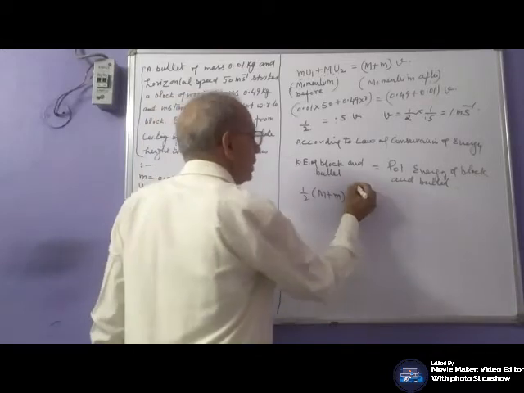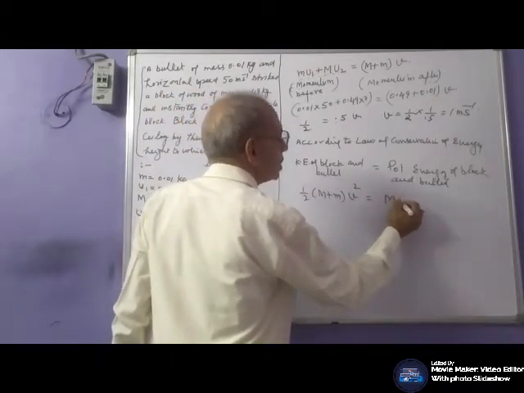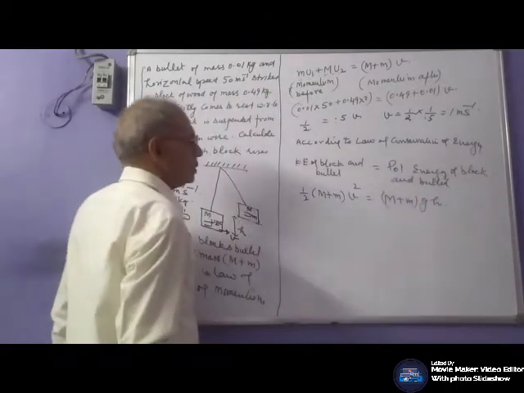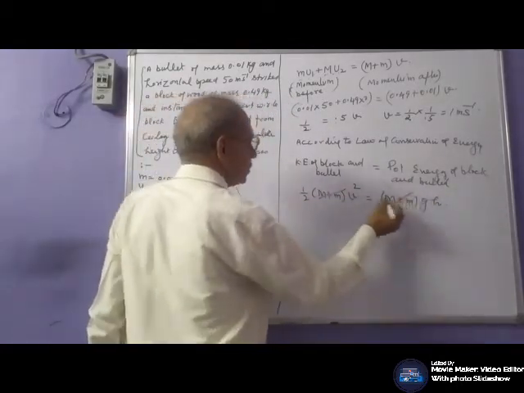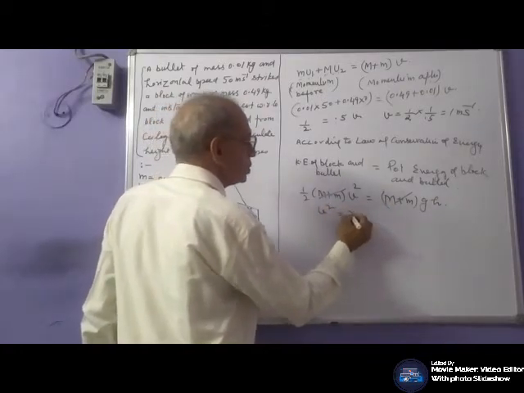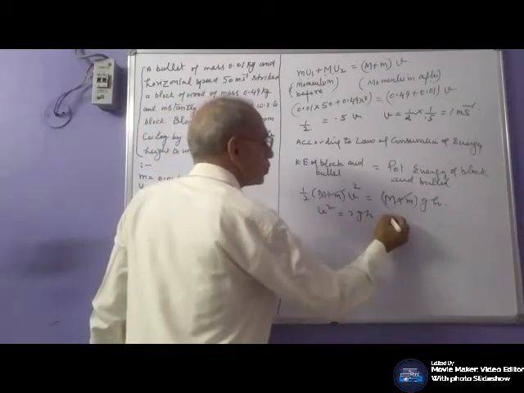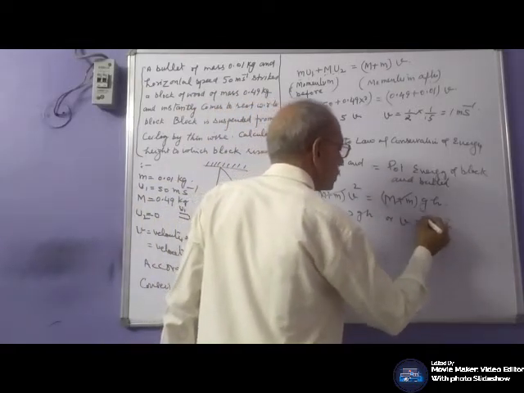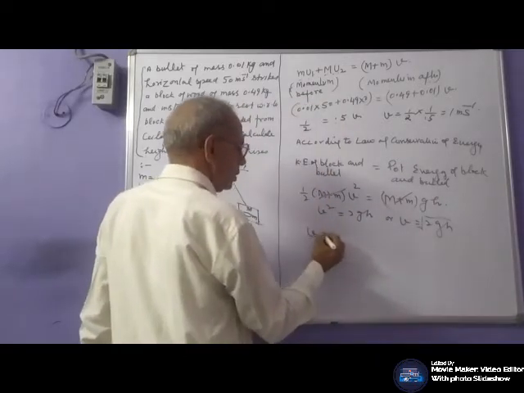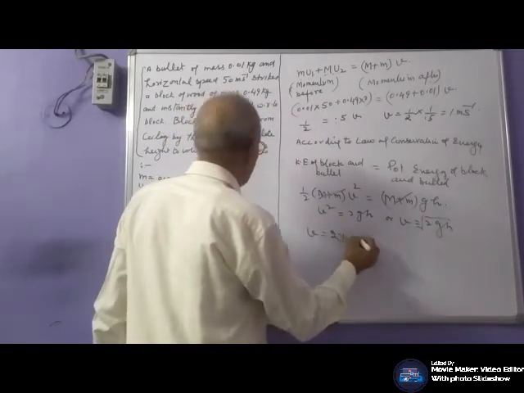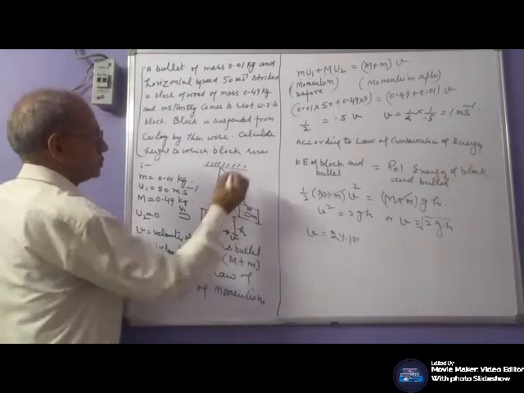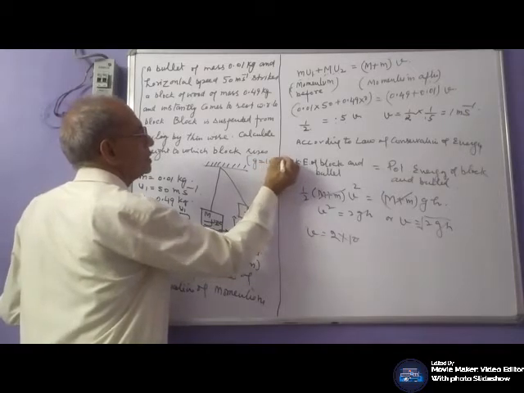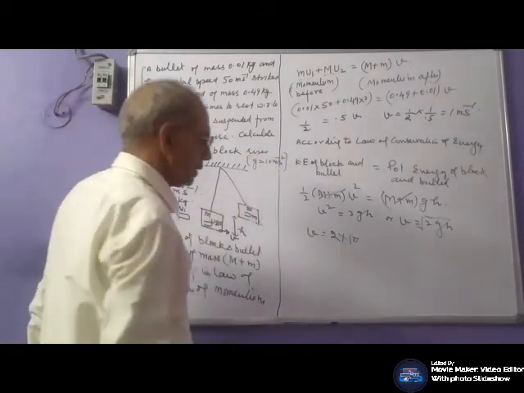क्या वेलोसिटी होगी ये, is what? V squared is 2gh, or V is root of 2gh. Take g as 10, given.